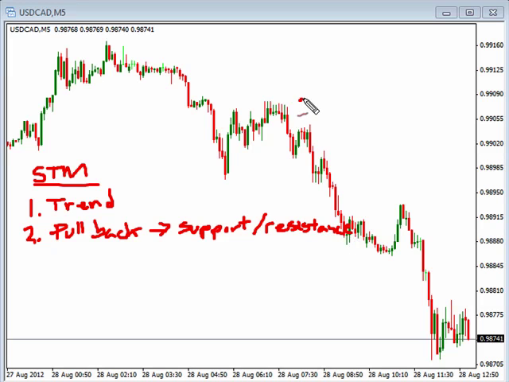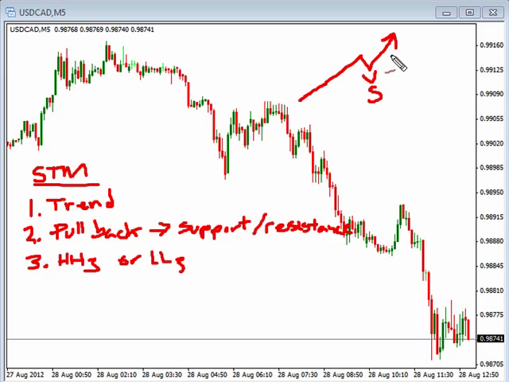So if the trend is up, it pulls back down towards the support area, and then number 3, we're going to look for HH3 or LL3, the highest high of the last 3 or the lowest low of the last 3, as it begins to move back up again. So keep that in mind.